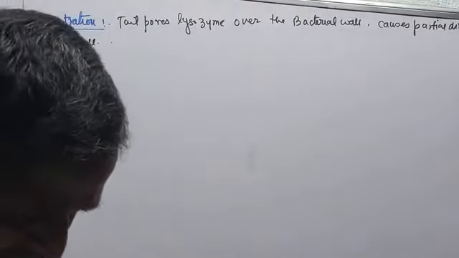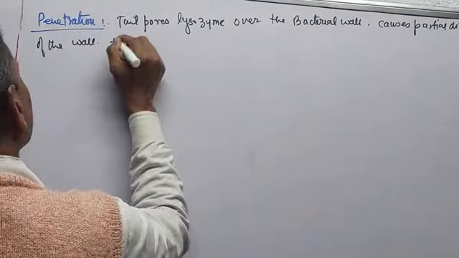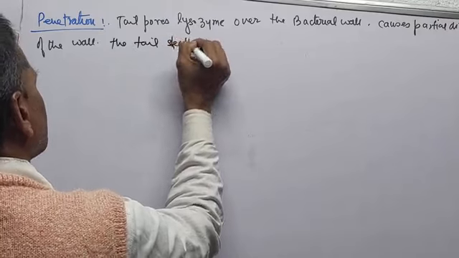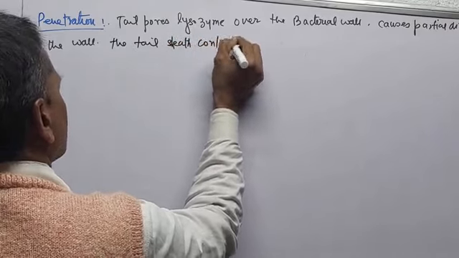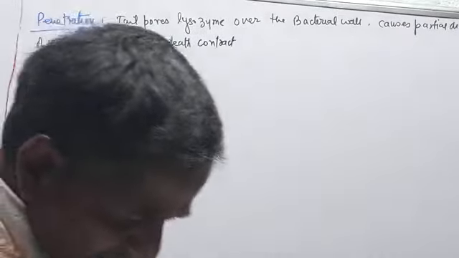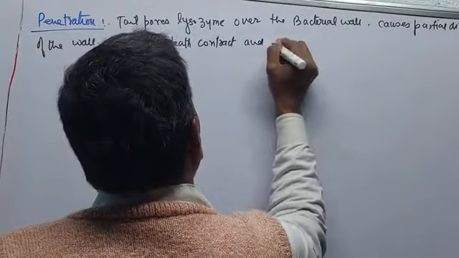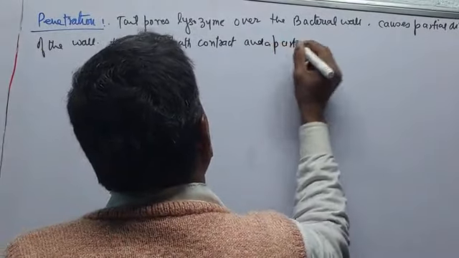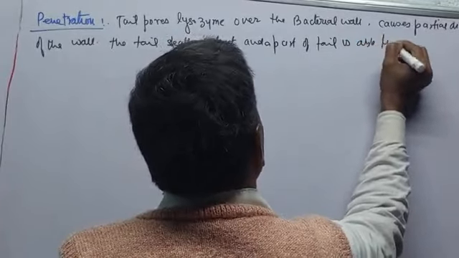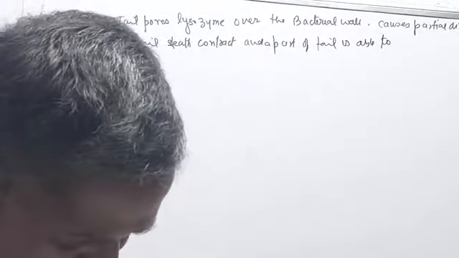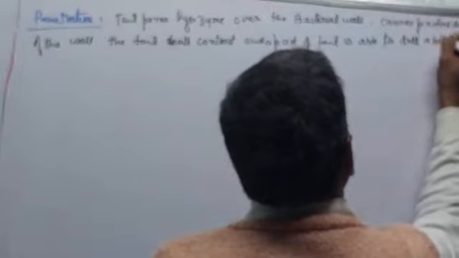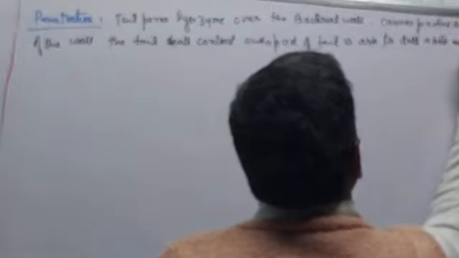The tail sheath now contracts, and a part of the tail is able to drill a hole mechanically.